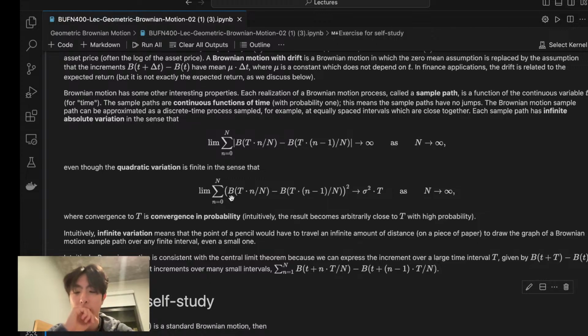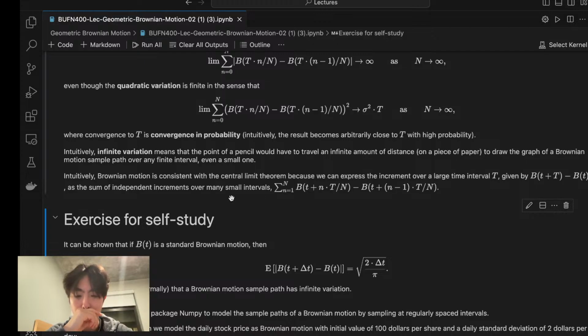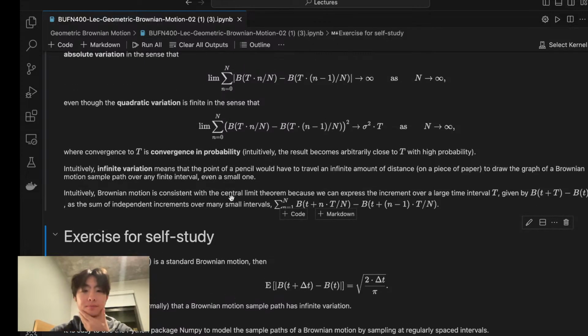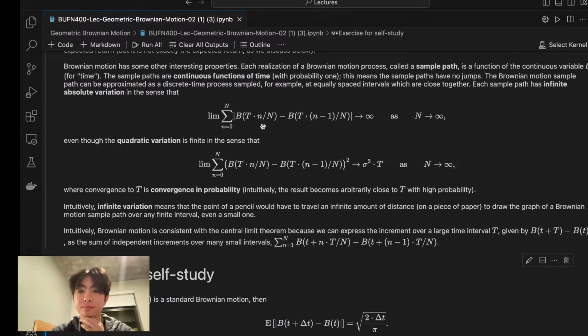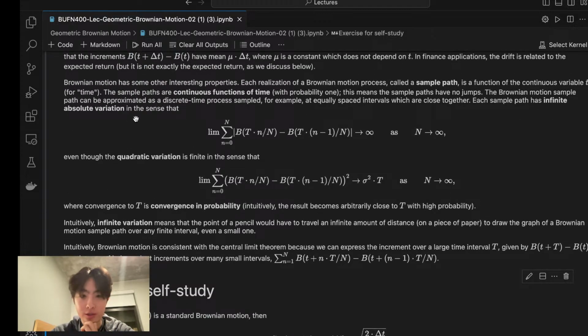Even though quadratic variation is finite. So this is the definition of infinite absolute variation.